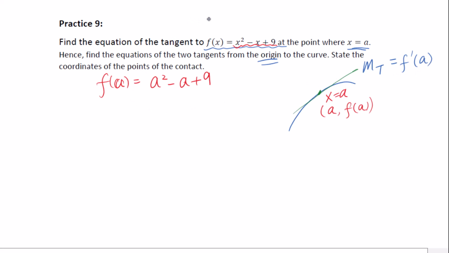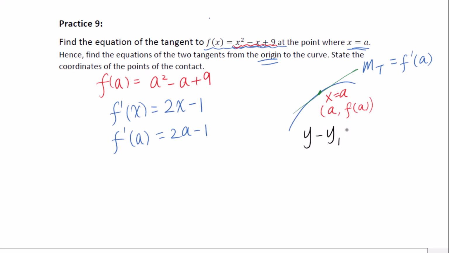We need to figure out f prime of x. That is 2x minus 1. Use the power rule to figure out the derivative of x squared minus x plus 9. Then f prime of a equals 2a minus 1. So we get a tangent line. That is y minus y1 equals slope of tangent line times x minus x1.